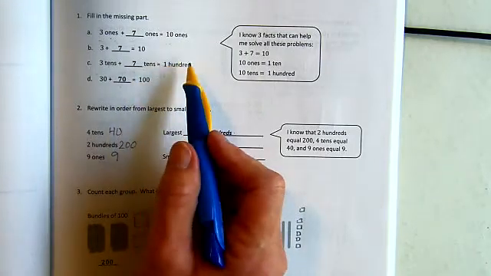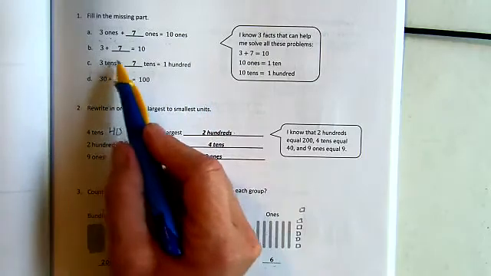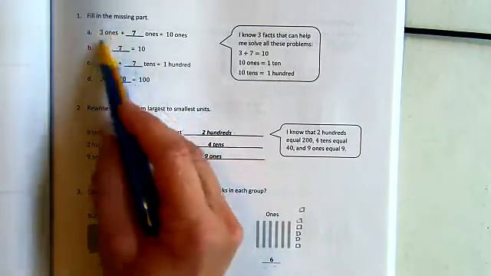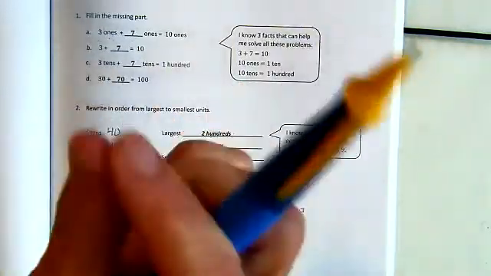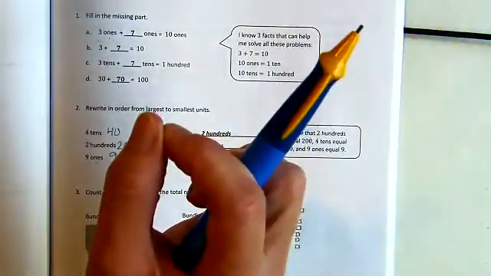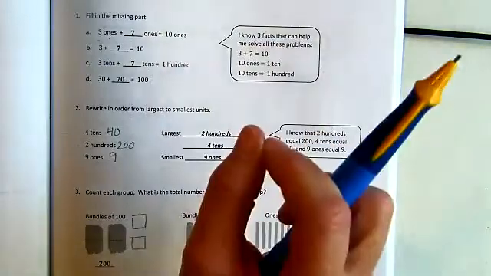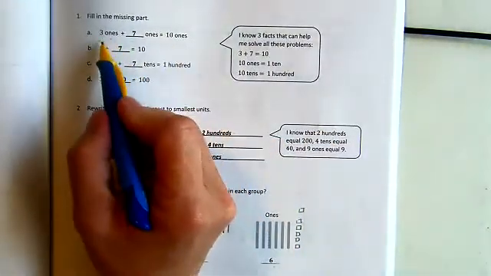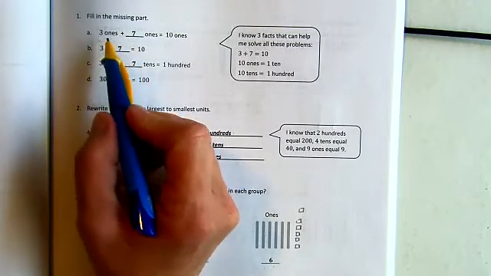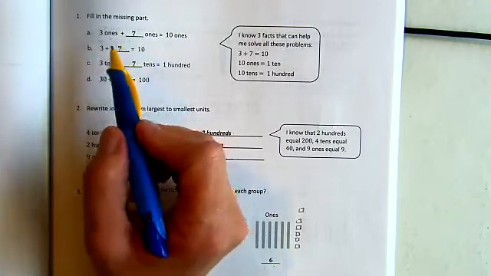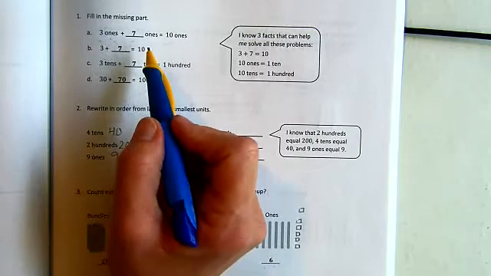10 tens is 100. So just because we're saying 3 tens instead of 3 ones, that 3 and 7 are still the number bond, the number pairs that make the next 10. So we could say 9 and 1, 8 and 2, 7 and 3, 6 and 4, 5 and 5.